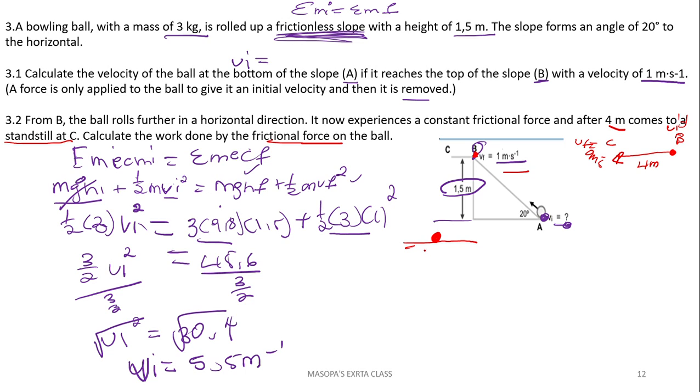What else? We know that Fg acts at 90 degrees to that surface, as well as the normal force. So the net work here is equal to the work done by Fk. Therefore the net work is equal to the change in kinetic energy, and the net work is equal to the work done by Fk.